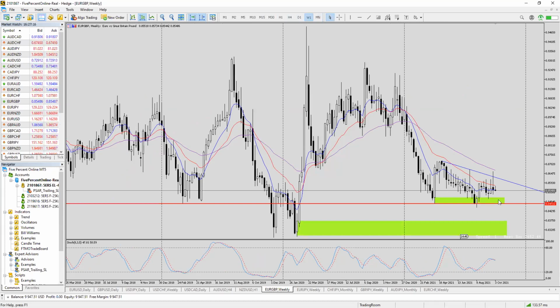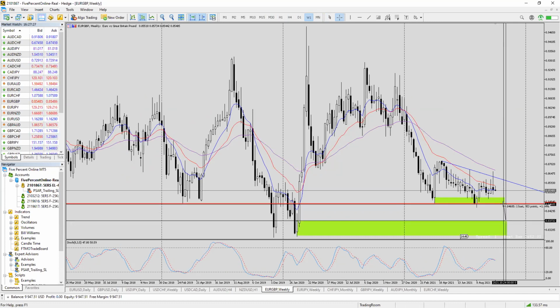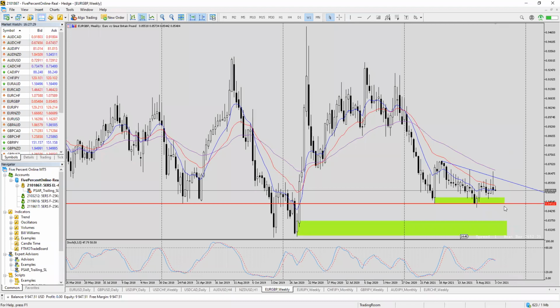But if it pushes lower and closes below this support line, the next target is the next demand zone, around 100 pips more, because it looks like there are sellers coming in all the time on Euro Pound, and it continues to push a little bit lower.